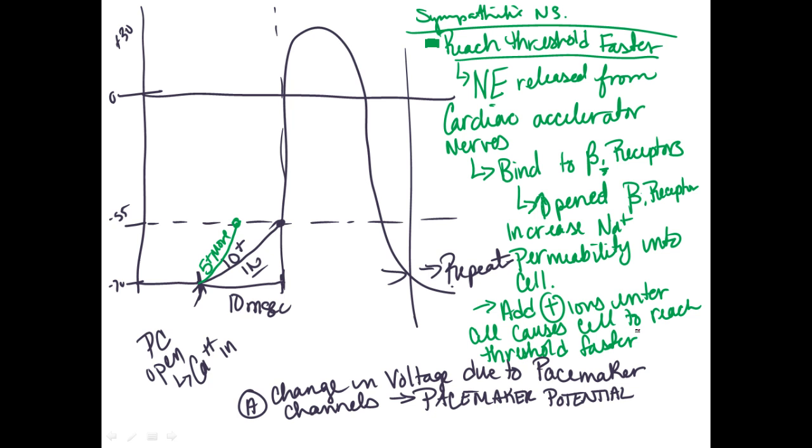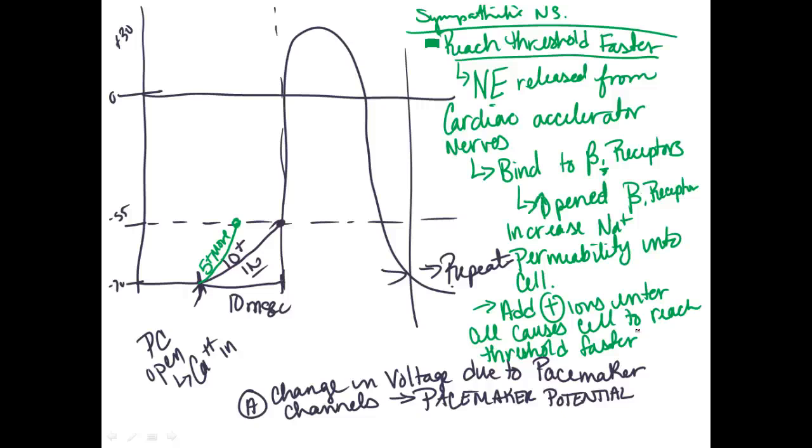Okay, so this is how the sympathetic nervous system will speed up the time it takes for the cell to reach threshold, and as a result, increase the frequency of action potentials and increase your overall heart rate.